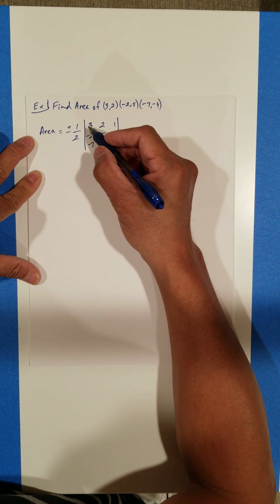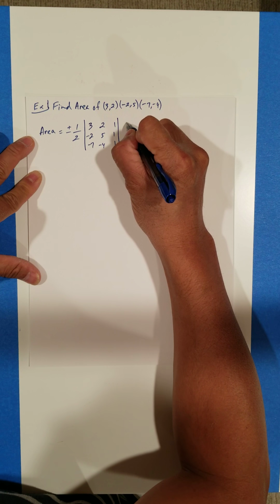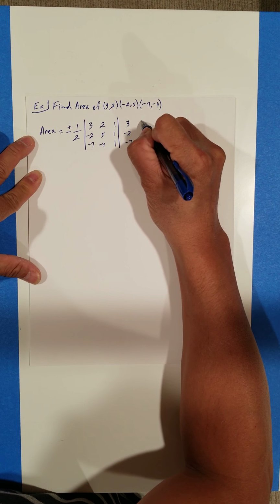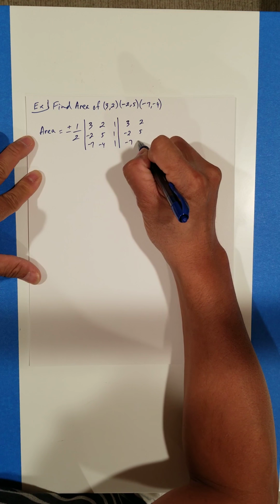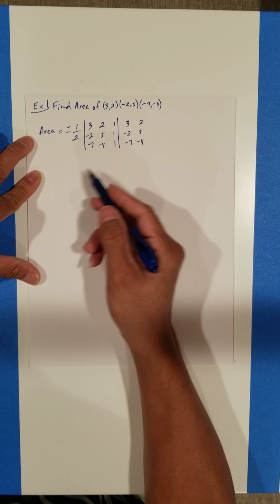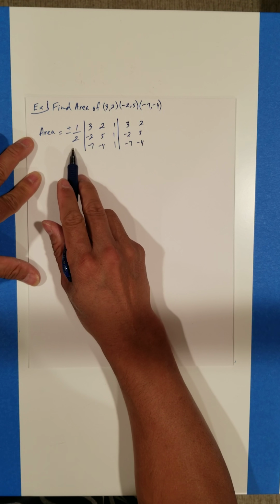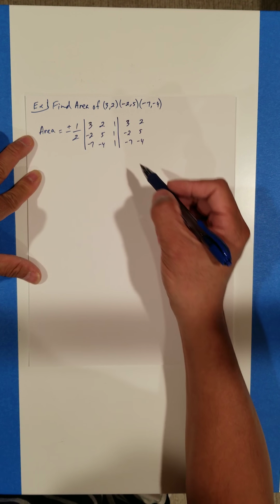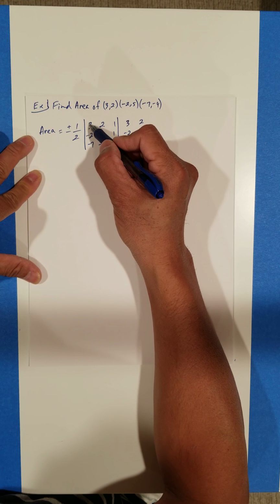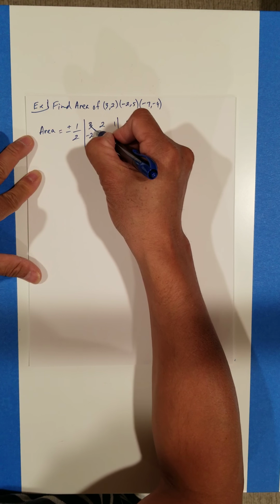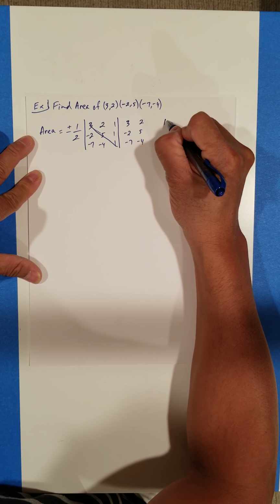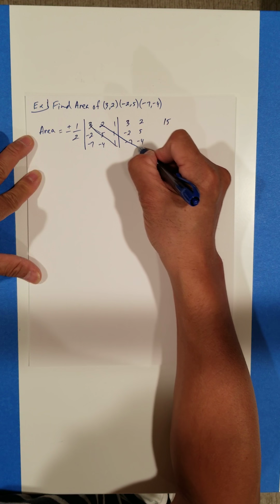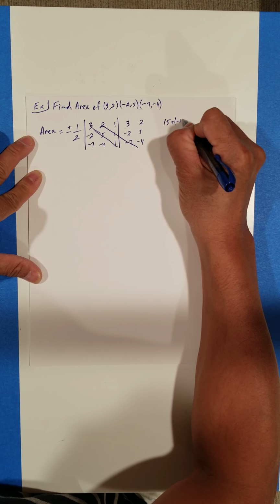To find the determinant, you have to copy the first 2 columns: 3, -2, -7, 2, 5, and -4. Now find the determinant, multiply by either a positive 1/2 or negative 1/2, and that's your area. Going down like this, you get 15. Multiply those. Then going down this way, plus -14.